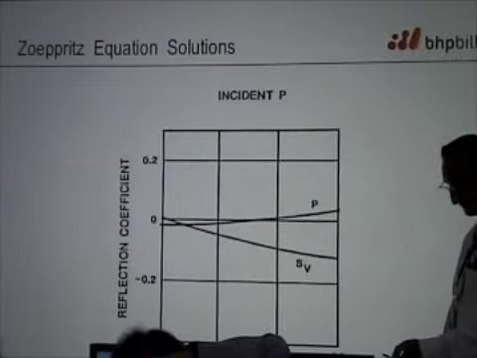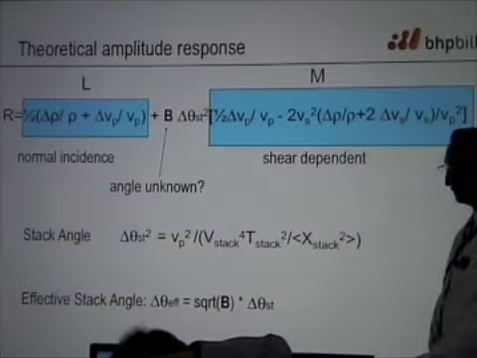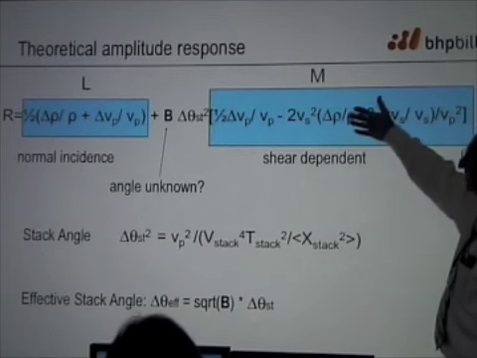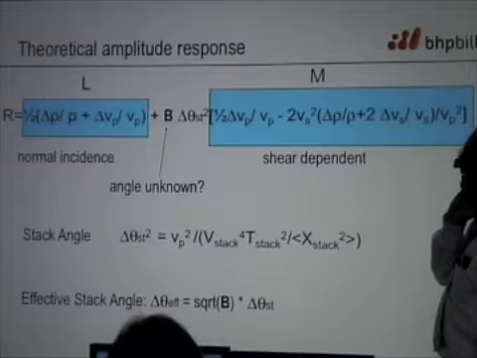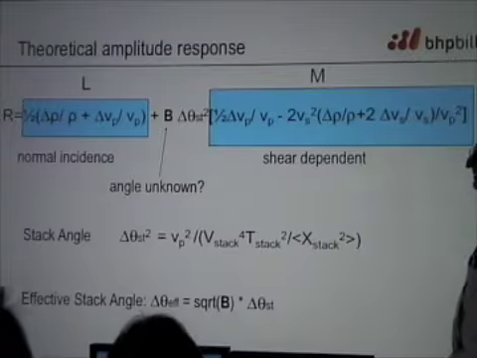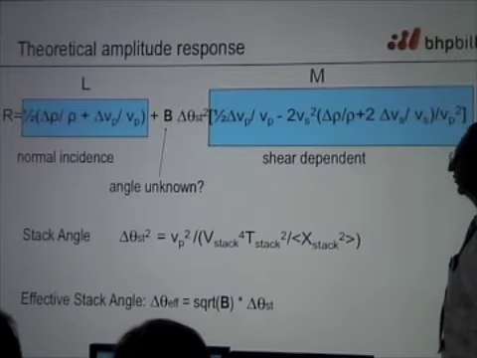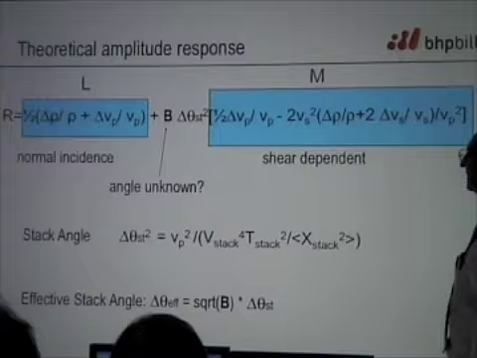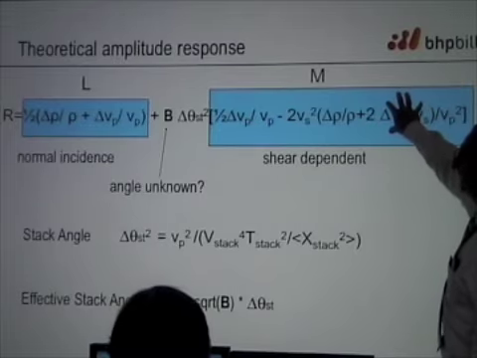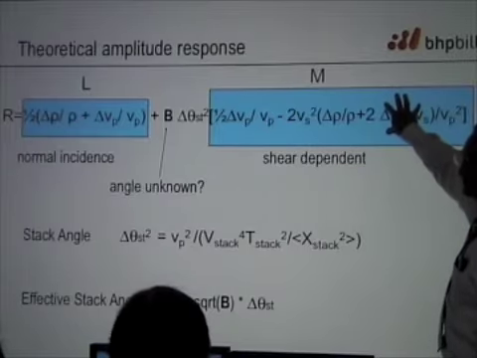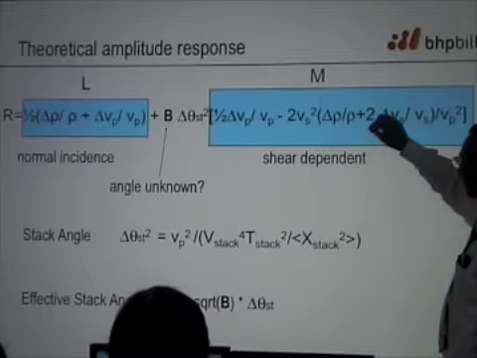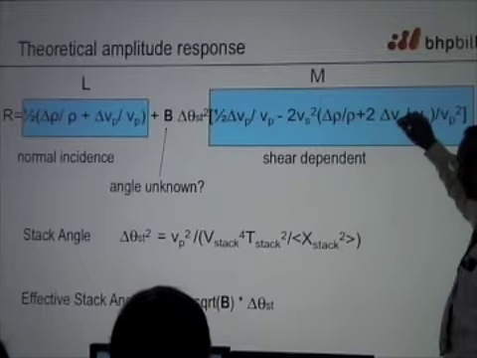Now we're going to go backwards again to this equation. And one of the great benefits of this kind of equation, besides what Mike talked about, an approximation that works appropriately at low frequency where you average properly, is that you have an understanding of what the property connection is to the behavior of the reflection amplitude with offset.